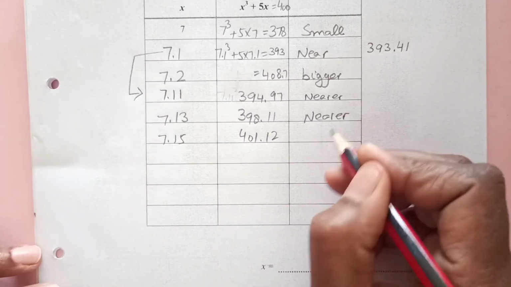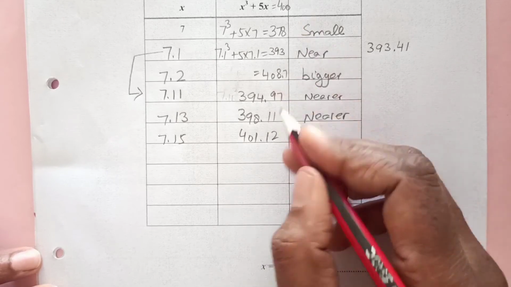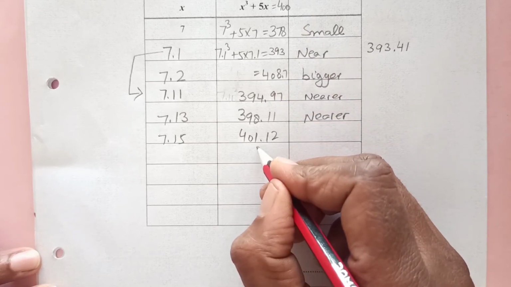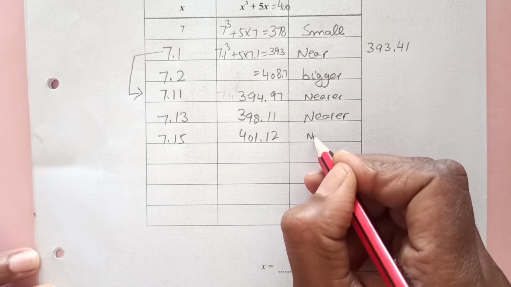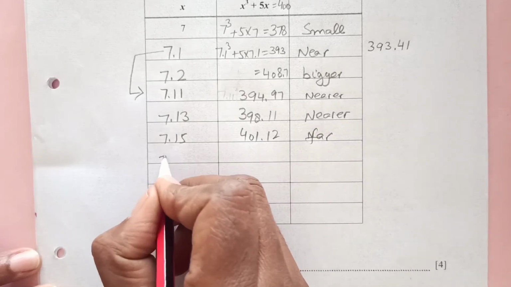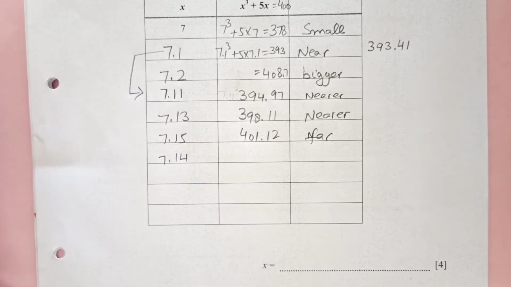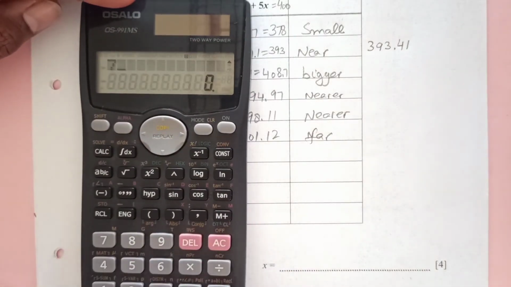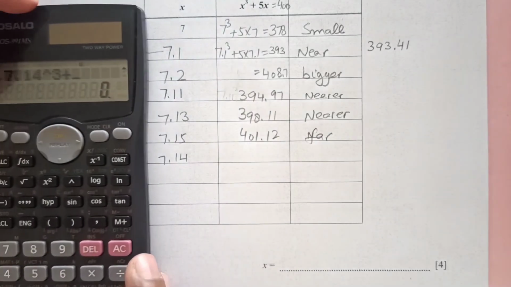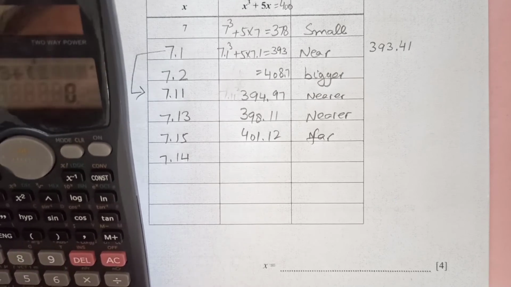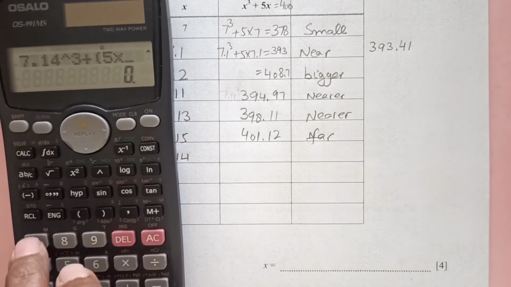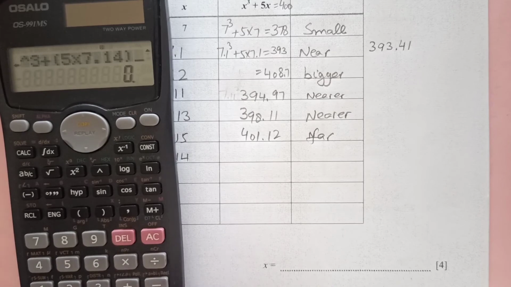Still it's closer. So 7.15 is a bit far, which means 7.14 can be the answer. So let's consider 7.14 again. 7.14 power 3 plus, put a bracket, plus 5 times 7.14.